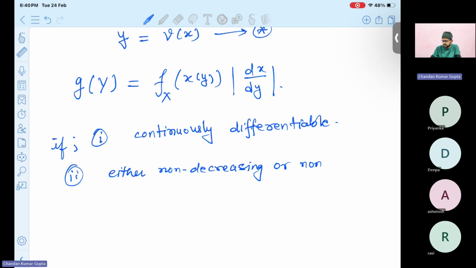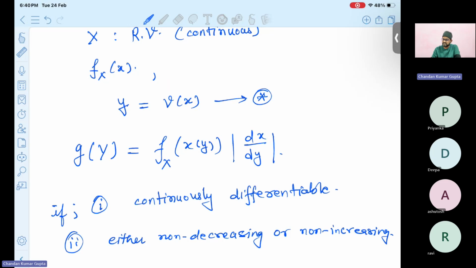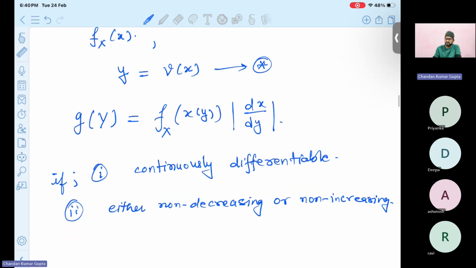If these two conditions hold for the transformation y equal to v of x, then we can directly use the expression g(y) equal to f_X of x(y) multiplied by its Jacobian, dx by dy. Then we can directly calculate the PDF for the transformed random variable when these two conditions hold.